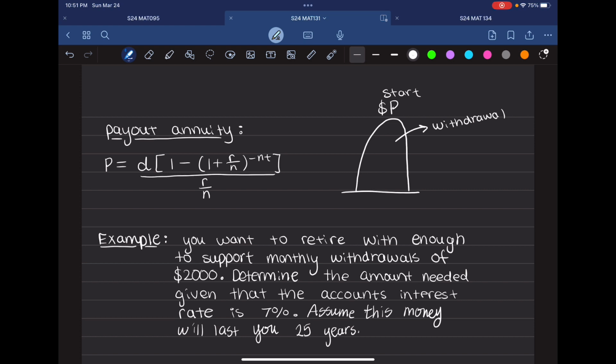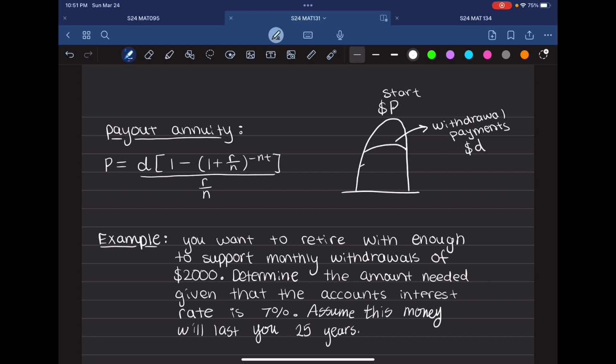Usually from a withdrawal. Later when we talk about loans, it's going to be payments. But basically, we're decreasing the balance by D amount. And this is happening each period.